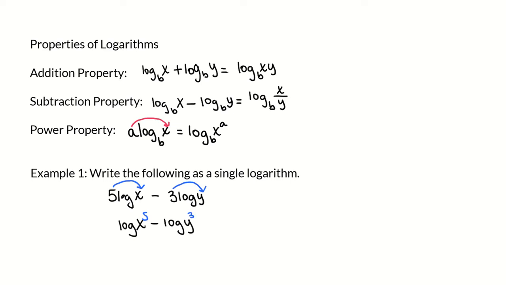And now to combine these two logarithms, we can use the subtraction property, which states that when we subtract two logarithms that have the same base, we can write them as division with a single logarithm. So we can turn this into log of x to the 5th over y to the 3rd.